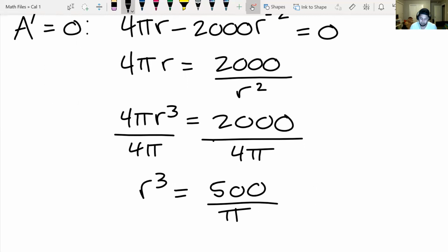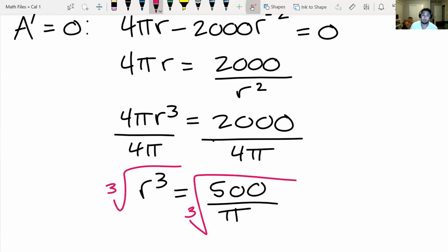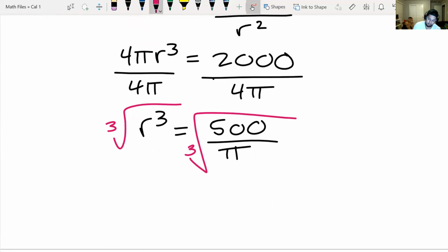Okay. Then, what you're going to do to both sides to solve for r is take the cube root. We get r is equal to the cube root of 500 over pi.